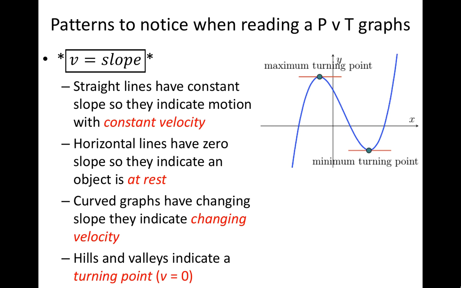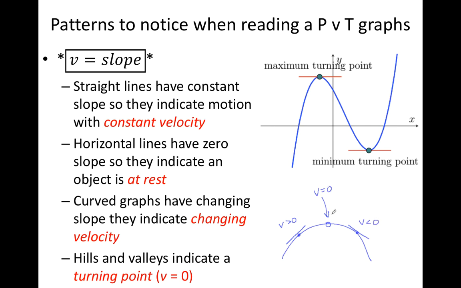It's also important to note that the top of the hill or the bottom of a valley indicates a position where the object has zero velocity. Prior to this point that you see drawn here, a tangent line would have a positive slope and therefore a positive velocity, and a position after that time, maybe over here, would have a tangent line with a negative slope and therefore a negative velocity.